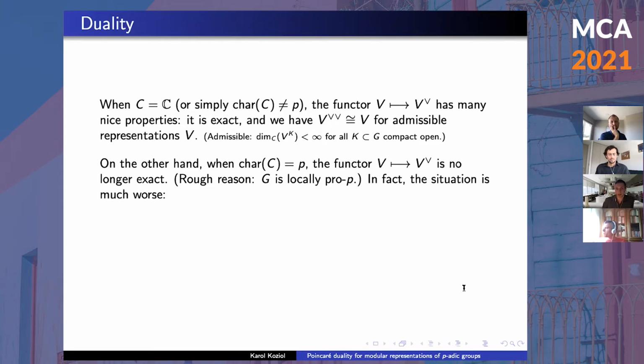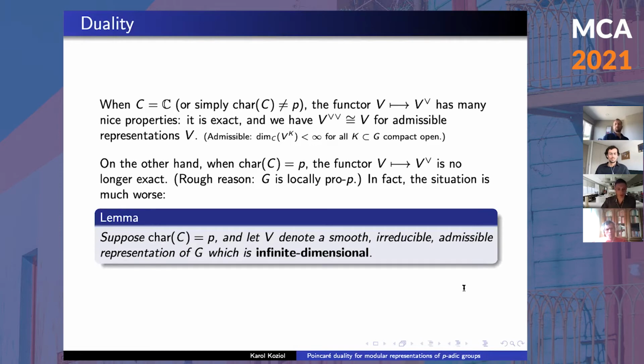And perhaps, maybe more strikingly, if you've never thought about these things, is the following result. So let's suppose that our coefficient field is characteristic P, and that V is a smooth, irreducible, admissible representation, which is infinite dimensional.